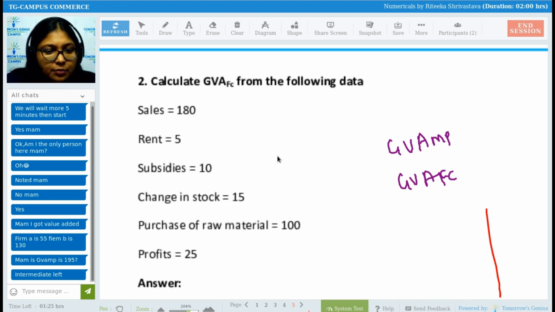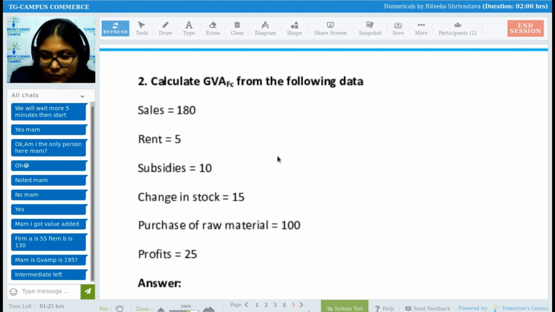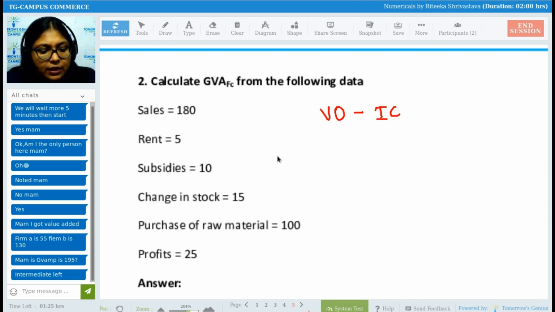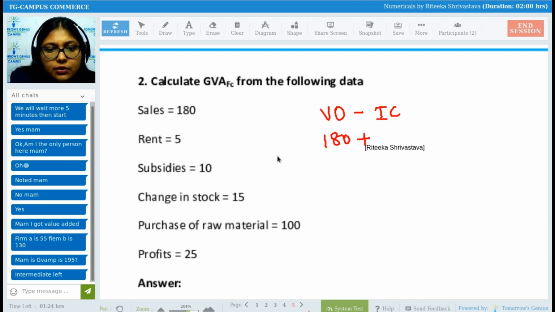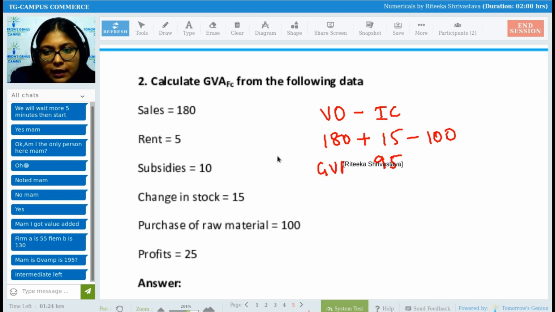Check NIT. See, value of output minus intermediate consumption. Value of output is not given directly, so it is sales plus change in stock. So sales is how much? 180. 180 plus 15, change in stock 15, minus 100. So how much are you getting here? 95. Perfect. So you got GVA MP.